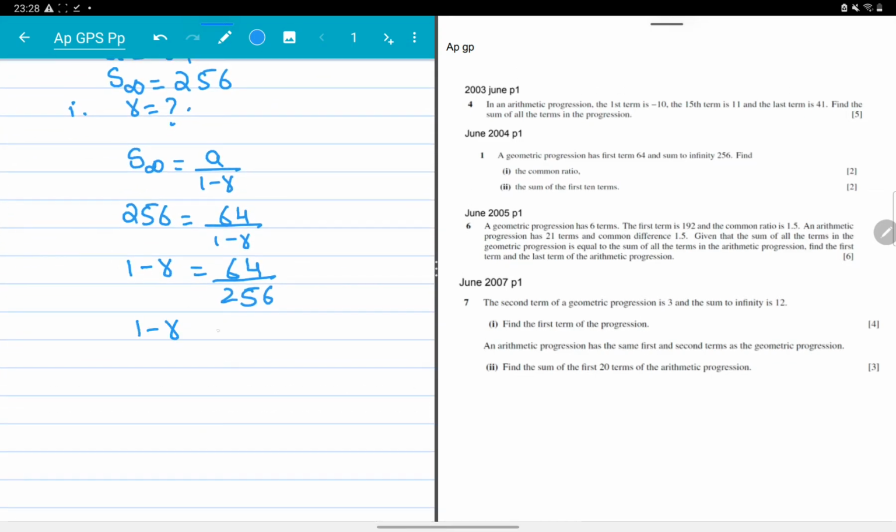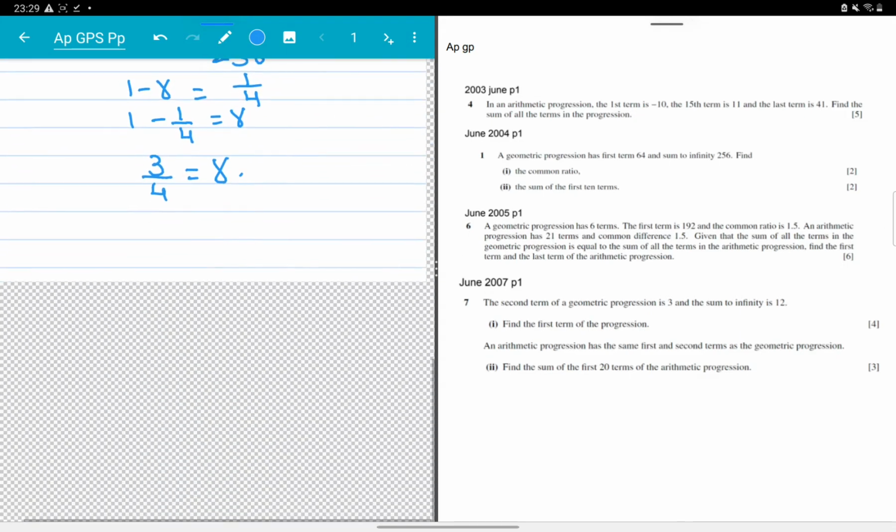So if we simplify both of them, if I solve it in decimal, it's coming 0.25, which is basically 1 over 4. So now let's shift minus r to the other side and 1 over 4 to this side. So our common ratio is 3 over 4. So the first part is done. We have found the common ratio. Now we have to find the sum of all 10 terms.